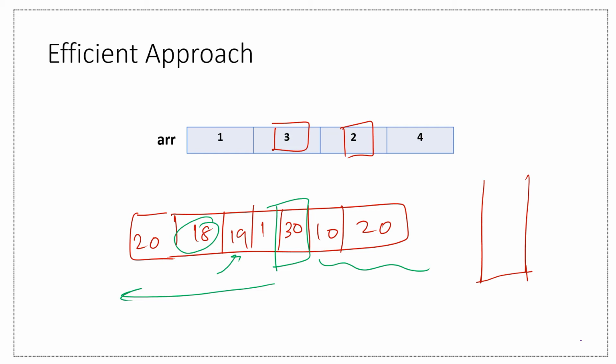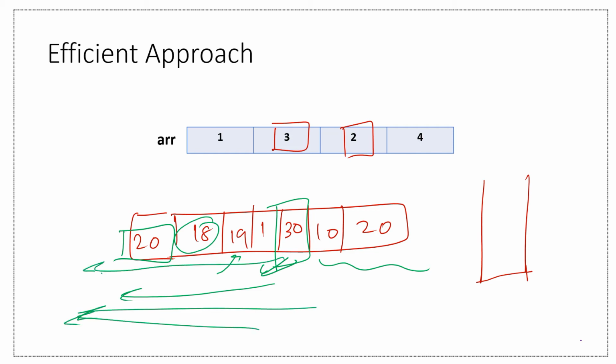That we know, but for 20, 30 is that, and for any number which is on this side of 30, we will not have these 10 and 20 as our output. Why?